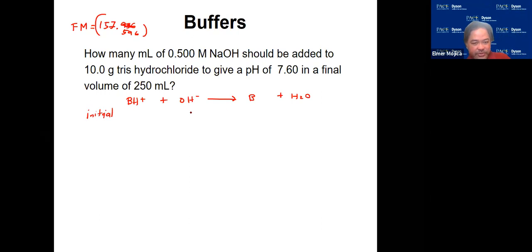Okay, but unfortunately, you don't know how much is the hydroxide. But you should know this one. How many moles is that?